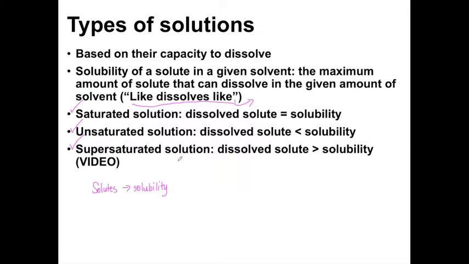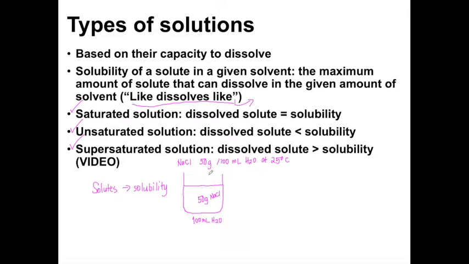For example, let's say sodium chloride has a solubility of 50 grams per 100 ml of water at 25 degrees Celsius. This is just an example. I'm not sure if the values are correct. Let's say in a container I have 100 ml of water and I added 50 grams of sodium chloride.